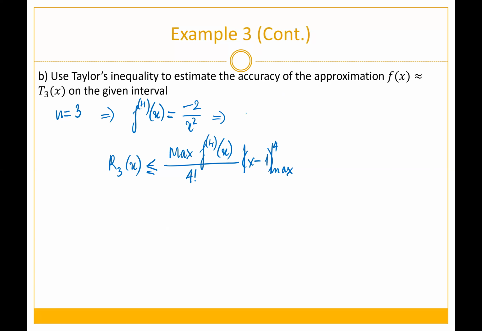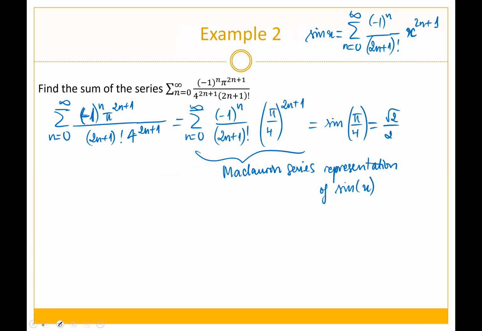Then you have the max of f4 of x on the interval from one half to three halves.